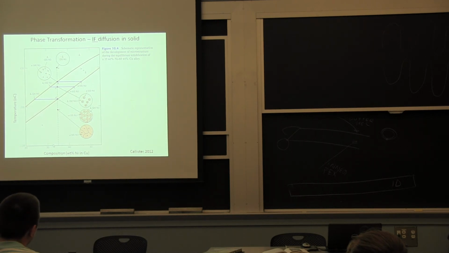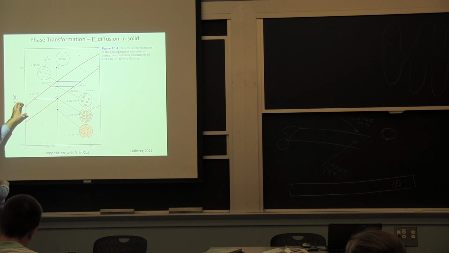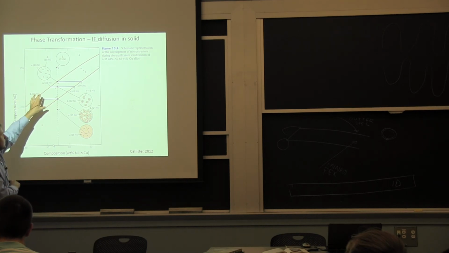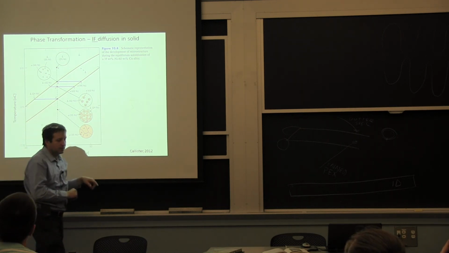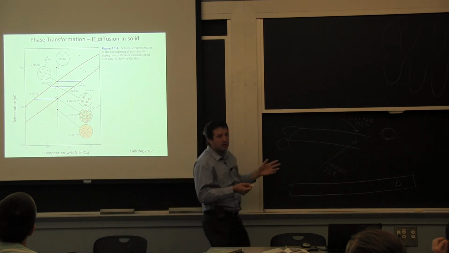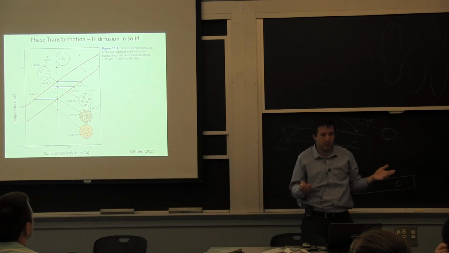What happens is there'd be still a range of temperature for the solidification, because pure copper is going to melt at a lower temperature than the pure nickel. So somewhere between those two, it's going to be an intermediate temperature.